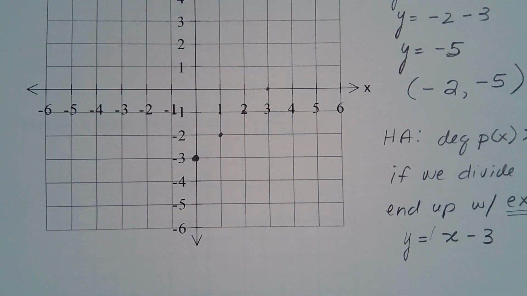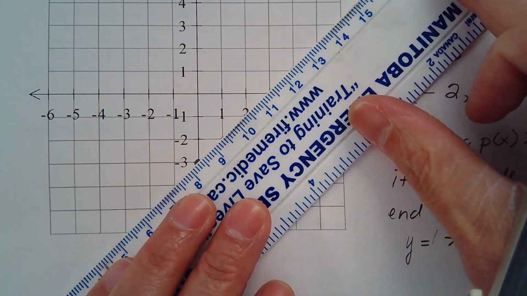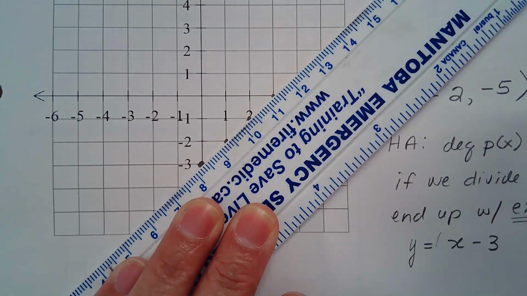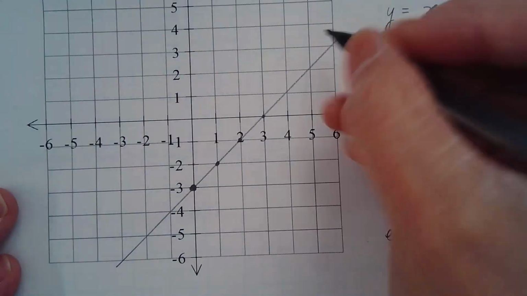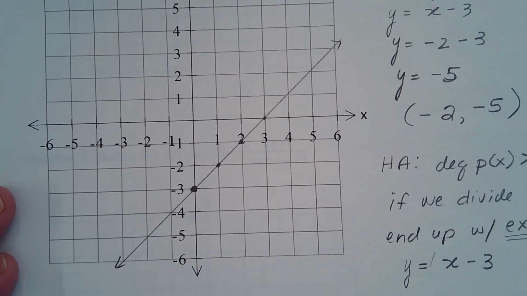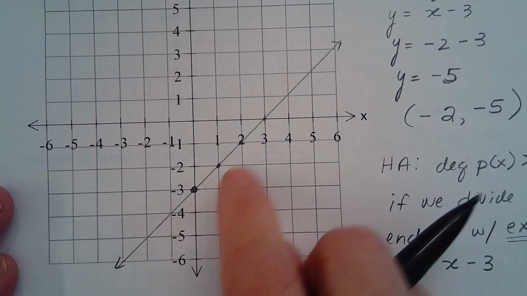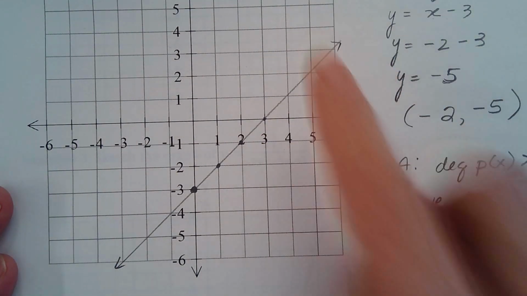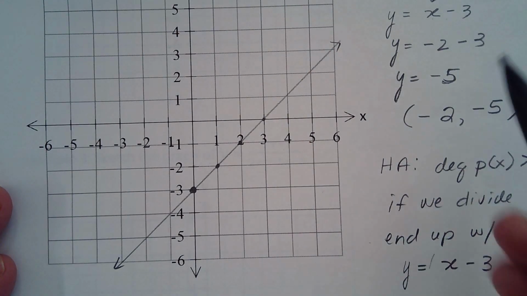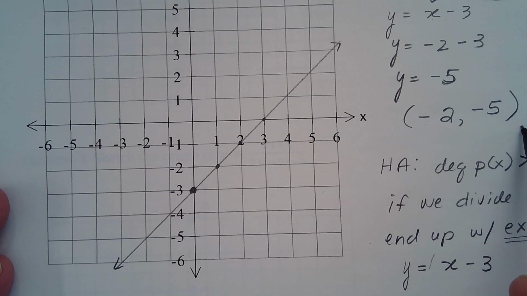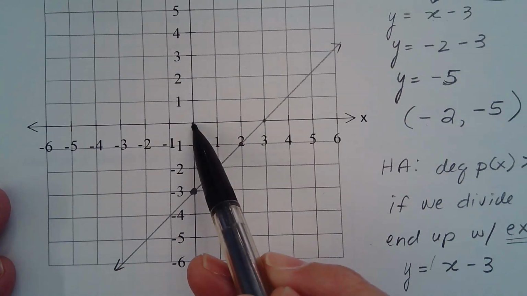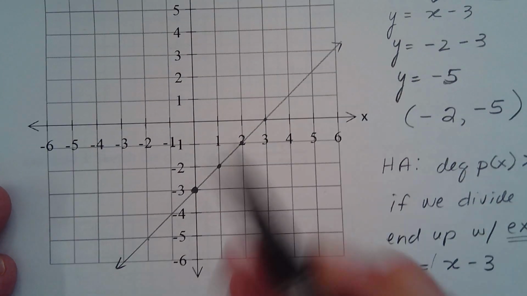I'm going to use my ruler to draw a straight line. But where's the hole again? The hole is at (-2, -5). So there's a hole here.